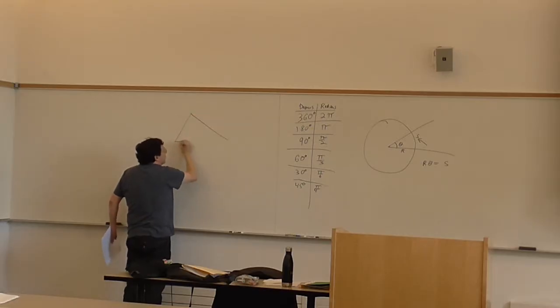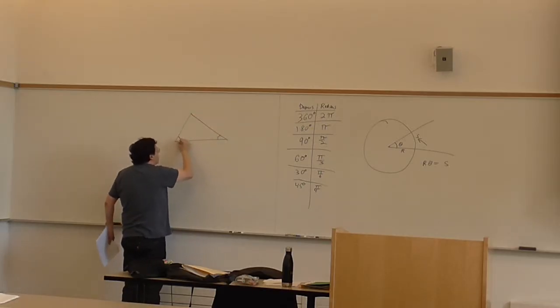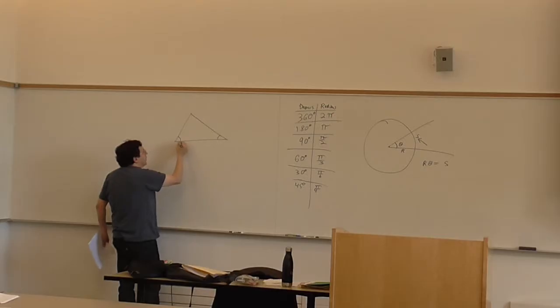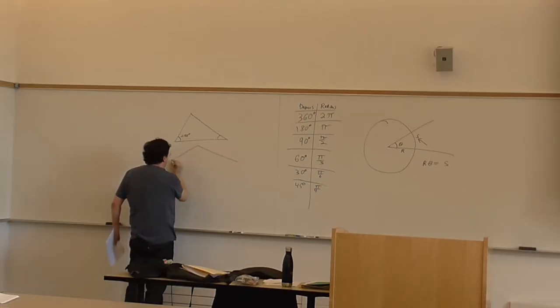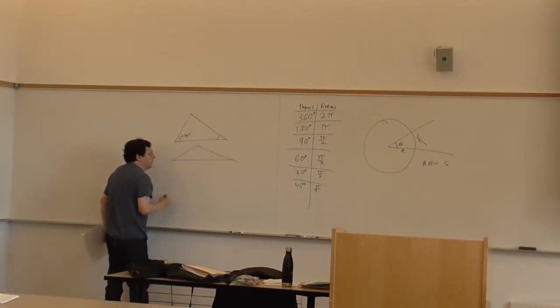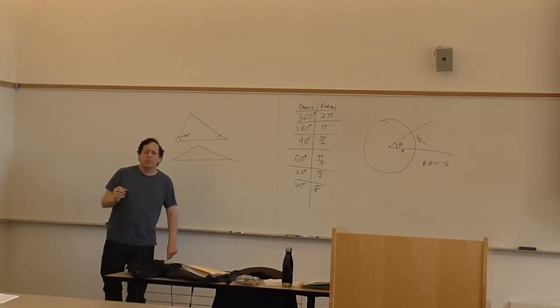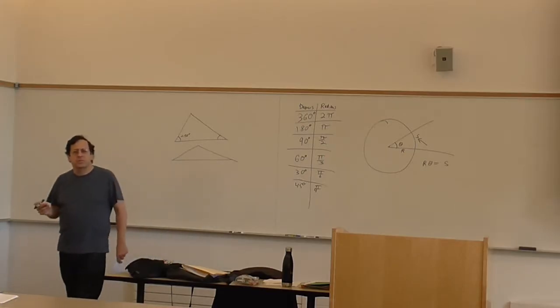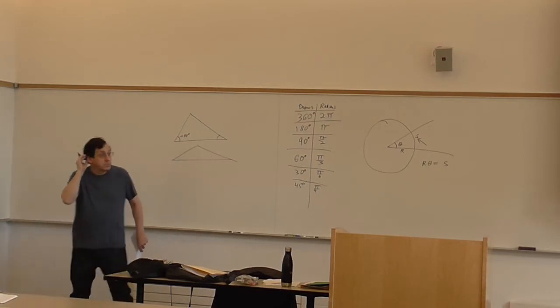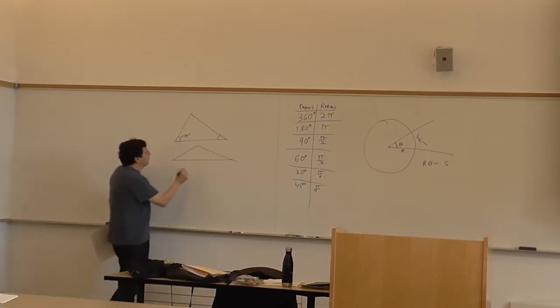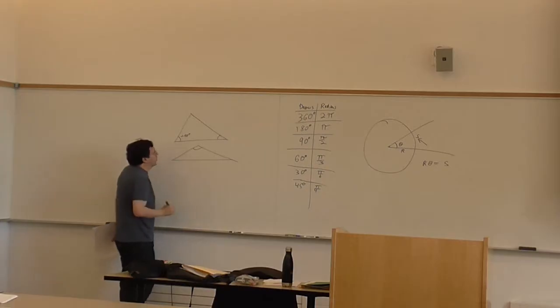In a triangle, most of your angles are less than 90 degrees, right? But you could have a triangle with an angle greater than 90 degrees. Anyone remember the name we give to that kind of angle? Obtuse, yeah. This is an obtuse angle because it's greater than 90.